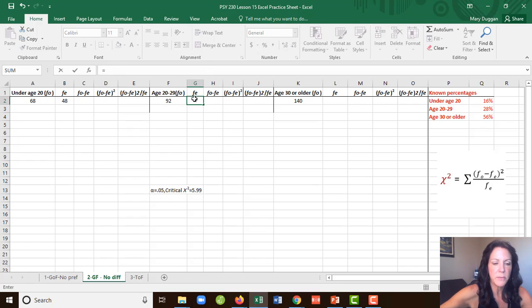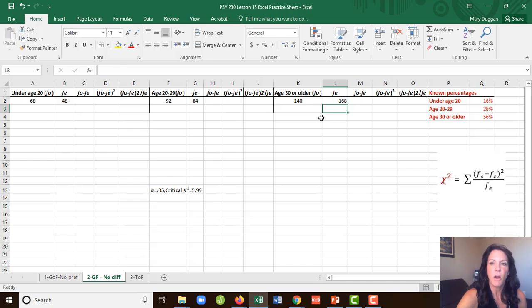And my expected frequency for the second group is 300 times 28%, the proportion in the population of the second group. And the third one is 300 times 56%. All right, that's how we get our expected frequencies. We have 68 accidents, so we would expect there to be 48 if it's proportionate to the population. We had 92 accidents here, we would expect it to be 84, etc.